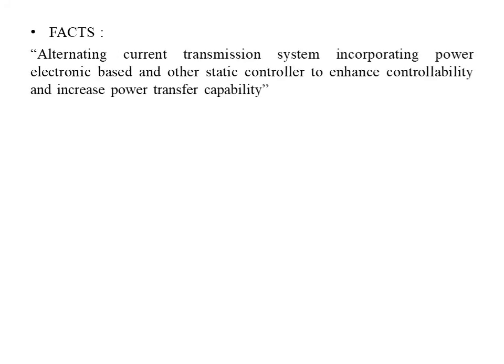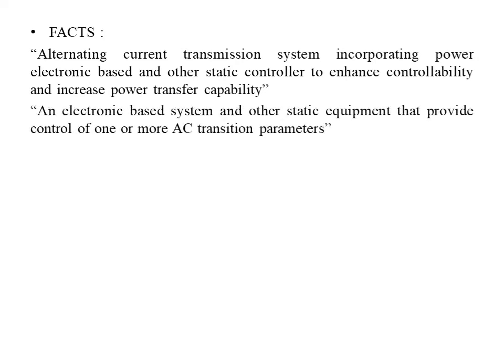So FACTS is an alternating current transmission system incorporating power electronic based and other static controllers to enhance controllability and increase power transfer capability. Or we can have another definition: an electronic based system and other static equipment that provides control of one or more AC transmission parameters.